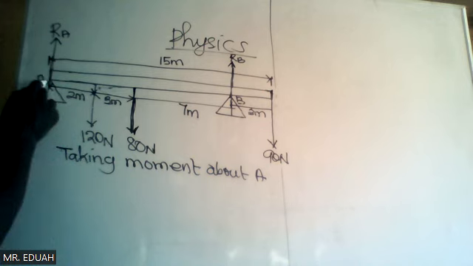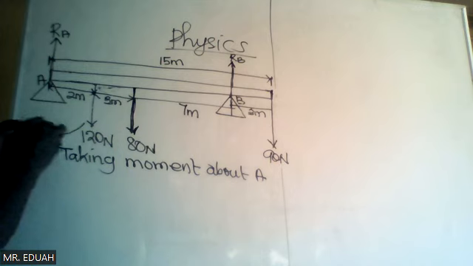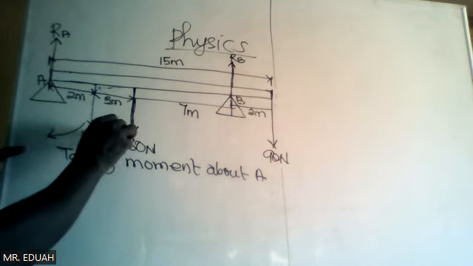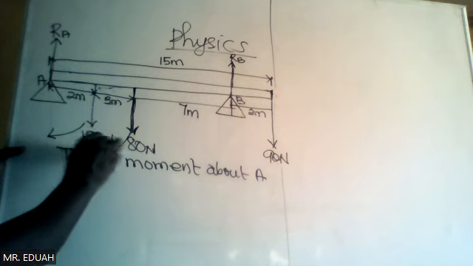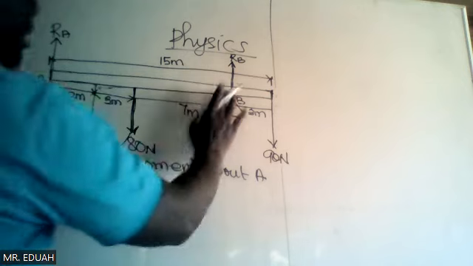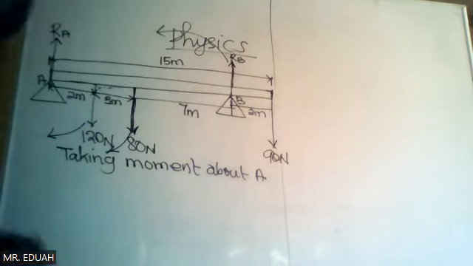If I'm taking moment about A, then this will give me a clockwise turning effect. 80 Newton would also give me a clockwise turning effect. Then RB, once I'm taking moment about A, will give an anti-clockwise turning effect.